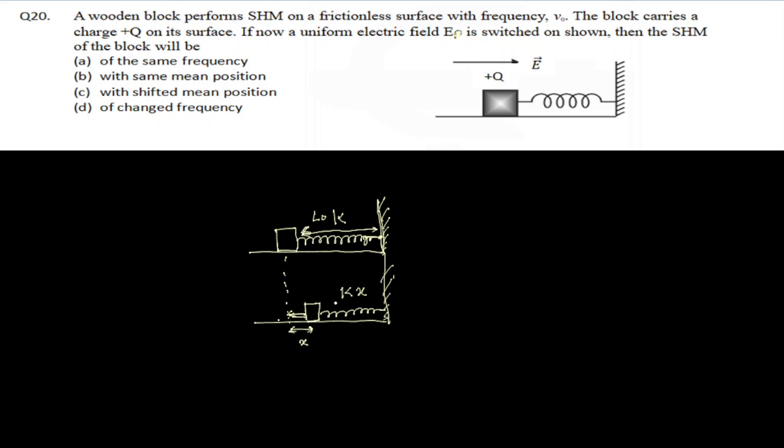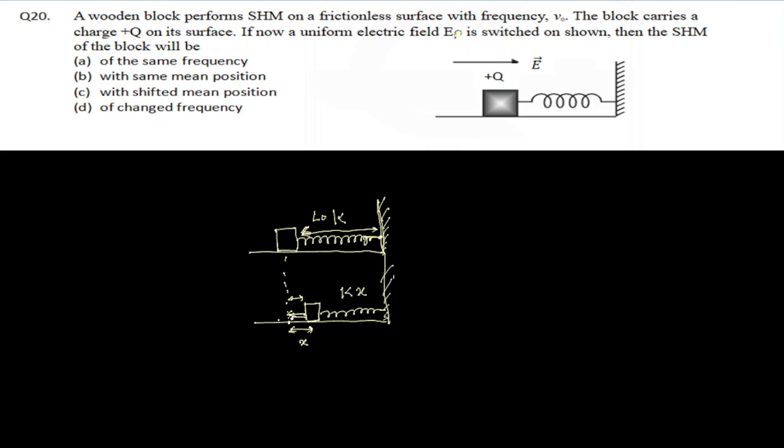The spring will apply a force k into x, and because of this force, the block will start moving towards the right. During the time it takes to travel the distance x, the spring constantly applies some force on the block, and because of that, it will gain some kinetic energy.